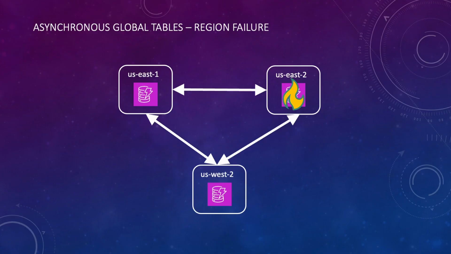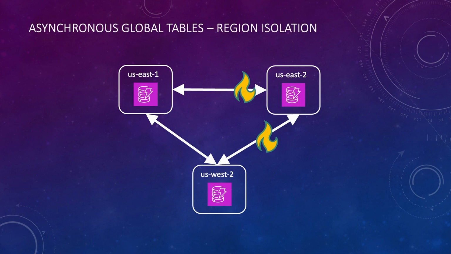And also there was a streams limitation back in the day, which was that streams are only persisted for 24 hours. After that, you start losing streams. If a particular region is isolated, it's the same thing again. The other regions are available, and the region which is isolated is also available for reads and writes. It just doesn't get updates, right? It's very eventually consistent at that point in time for writes happening in the other regions.